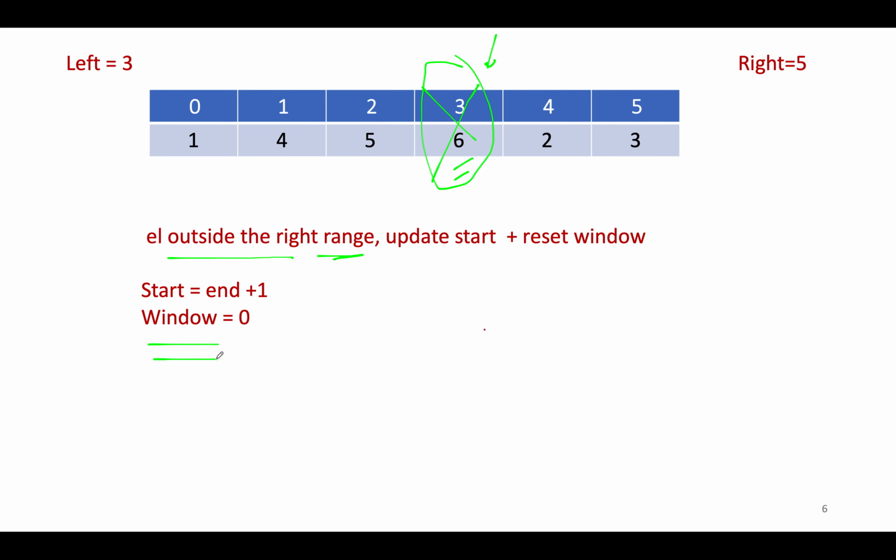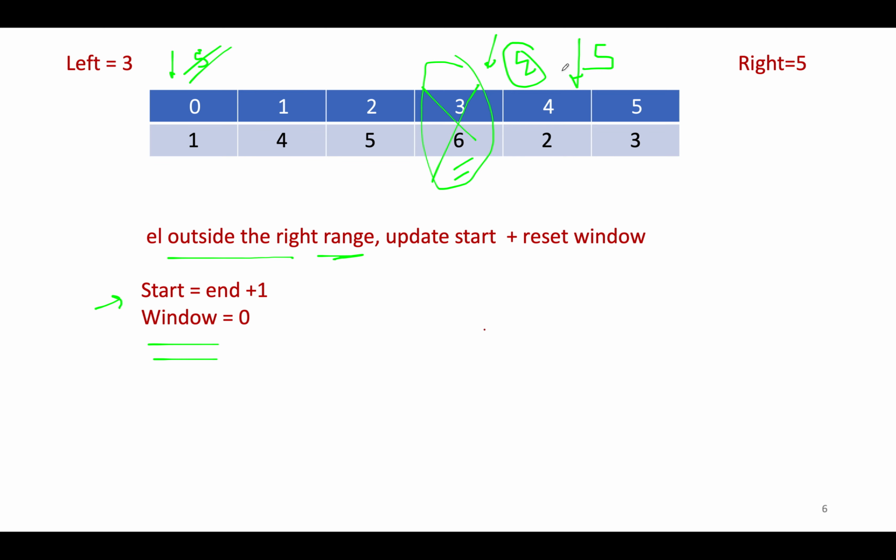So we'll update the window size to 0 and we'll re-pivot the starting position to end plus 1. So if end was pointing here and start was pointing here, you will re-pivot your starting pointer to end plus 1, the next entry, and end will be automatically incremented to a higher value in the next iteration.